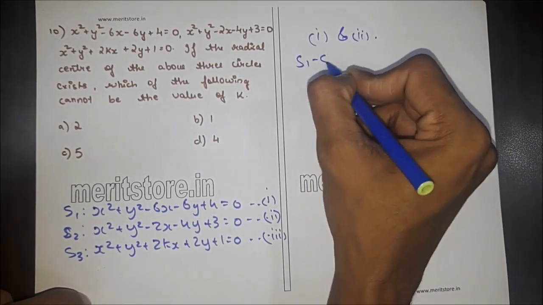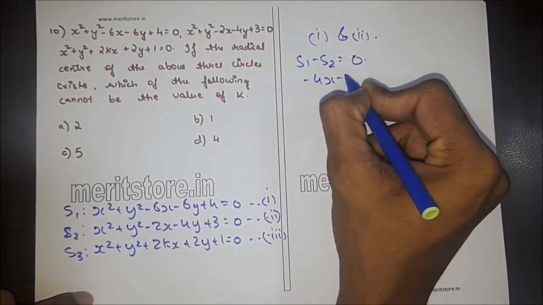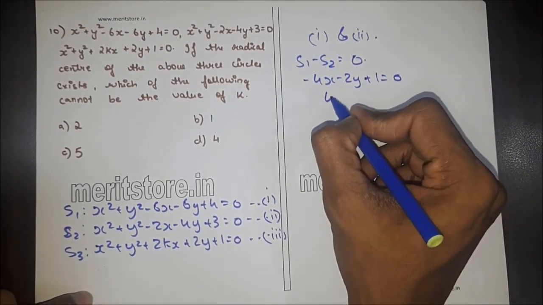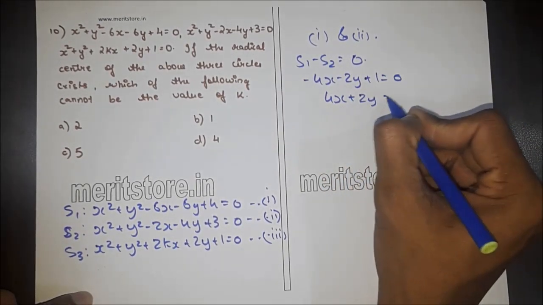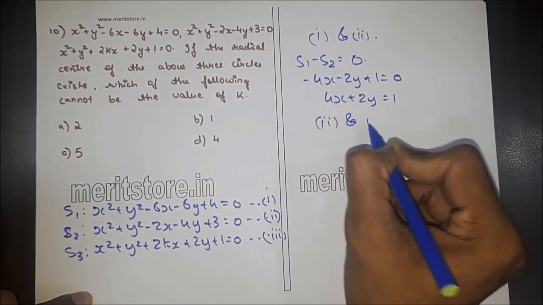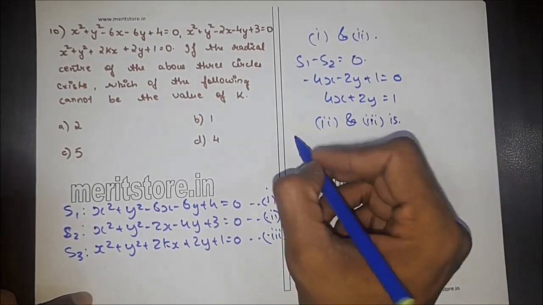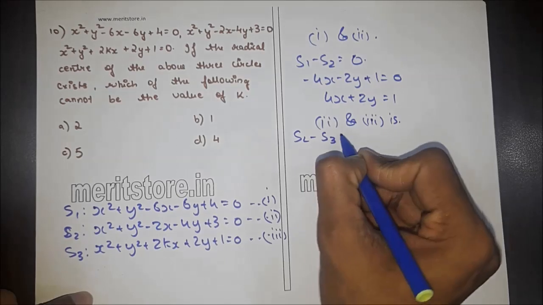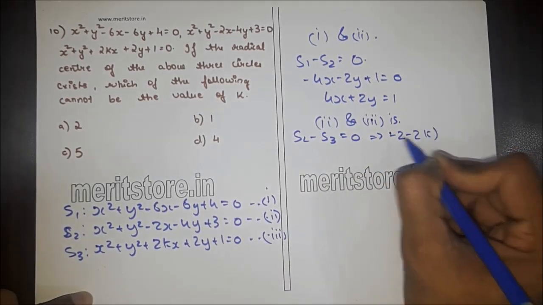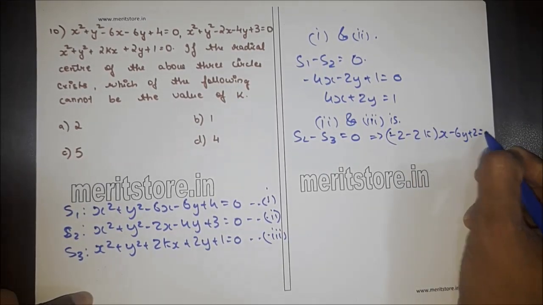is S1 minus S2 equal to 0, which gives minus 4x minus 2y plus 1 equal to 0. Further we can write this as 4x plus 2y equal to 1. The radical axis of circles 2 and 3 is S2 minus S3 equal to 0, where we get minus 2 minus 2k x minus 6y plus 2 equal to 0.